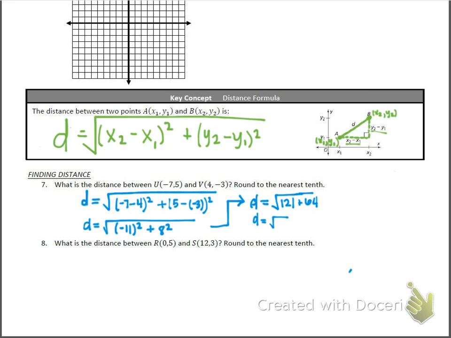So D equals the square root of 185. And this is distance, so we want it in decimal form. And the instructions say round to the nearest tenth. So distance is going to be, let's just rewrite it. D equals, it comes out to 13.6. That's your distance.